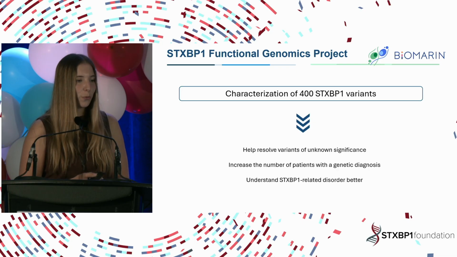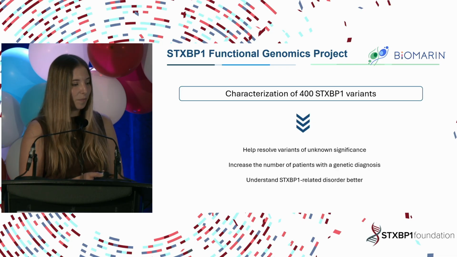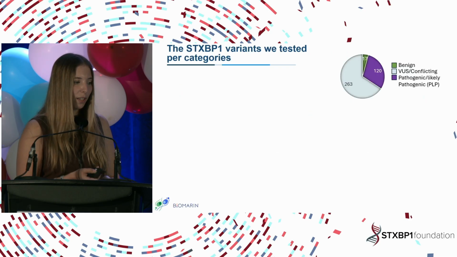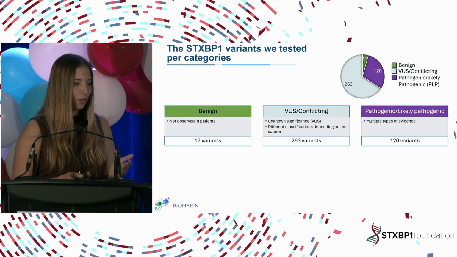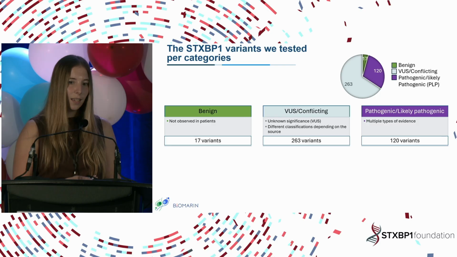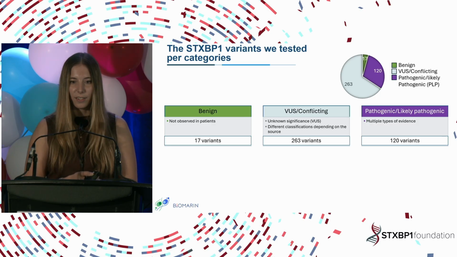And we also want to help understand even further the disease. In this project, we started with 400 variants from different classes. So we started with 17 benign variants, 263 variants of unknown significance or conflicting, and 120 pathogenic or likely pathogenic variants, or PLP.